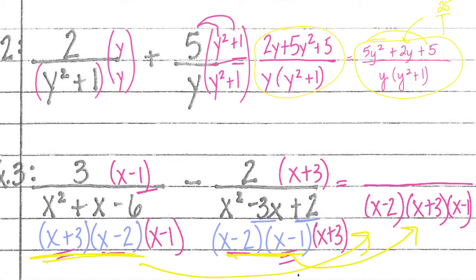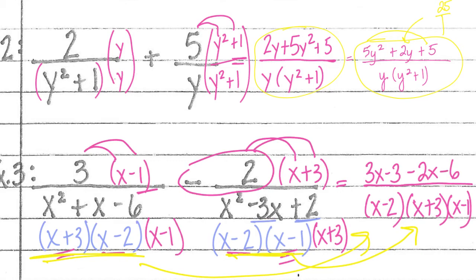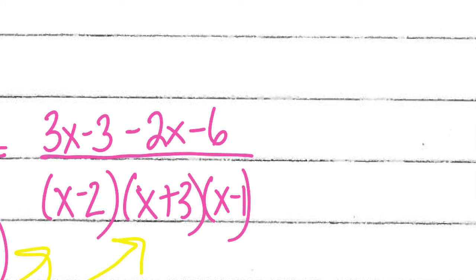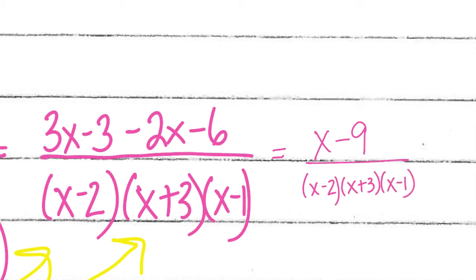So let's go ahead and distribute. Ooh, this is another negative 2. I feel like we just had one of those. 3x minus 3 minus 2x minus 6. And yes, we do have to add like terms. 3x minus 2x is x. Negative 3 minus 6 is negative 9. All over x minus 2, x plus 3, x minus 1.